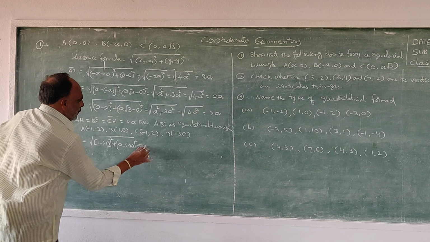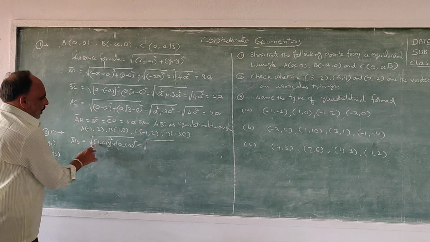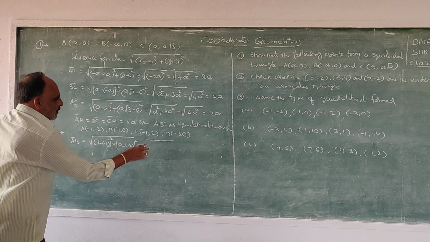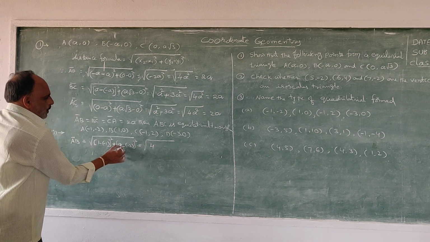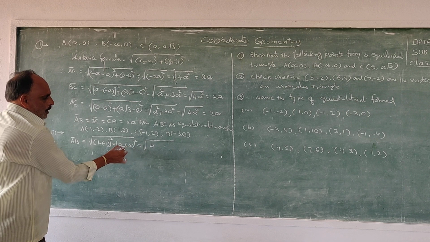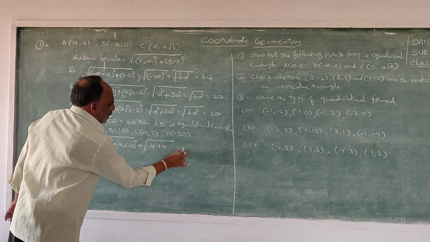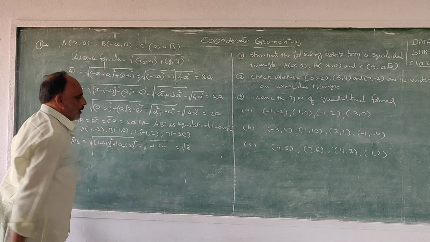That is equal to the square root of 1 plus 1, which is 2, 2 square is 4, plus 0 plus 2, which is 2, 2 square is 4. 4 plus 4 is 8. So root 8.